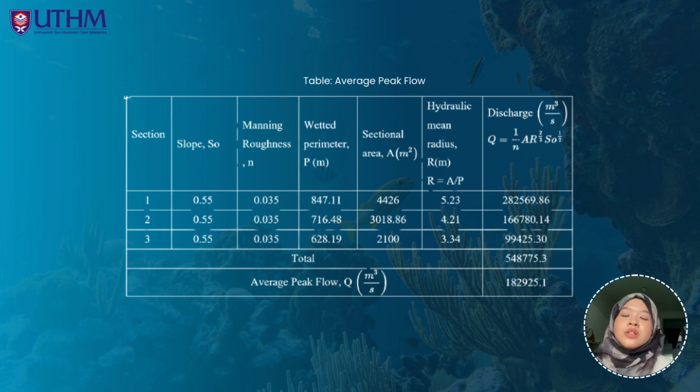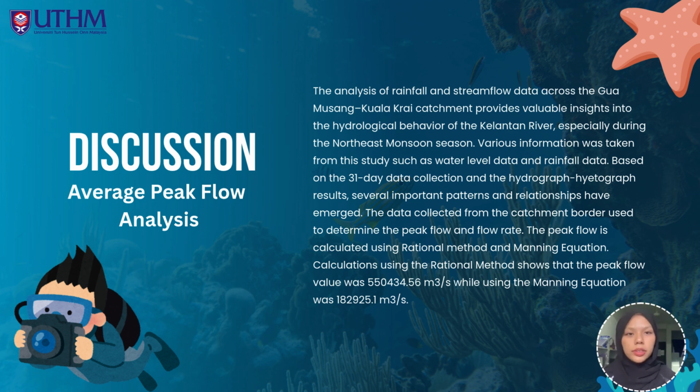Finally, we use the Manning equation. We find Q for every cross-section, then sum up all the sections and divide by 3. The average peak flow that we will get is 182,925.1.